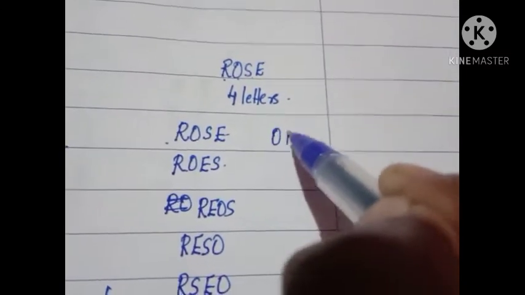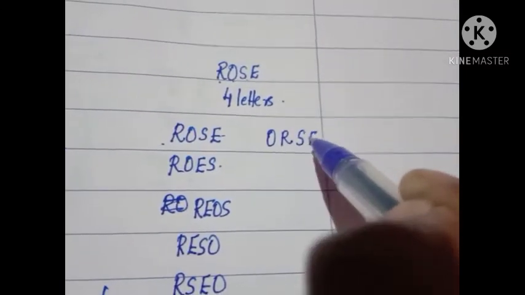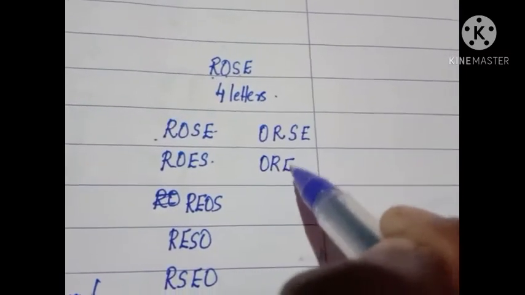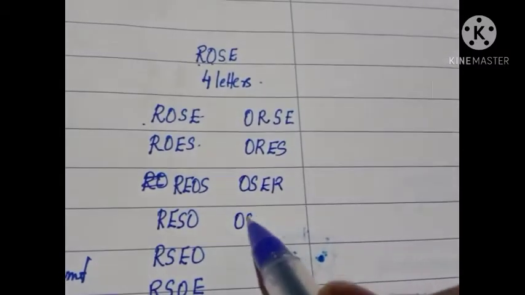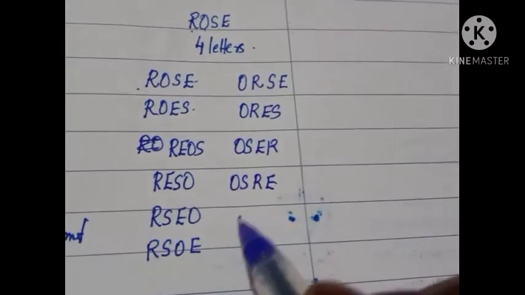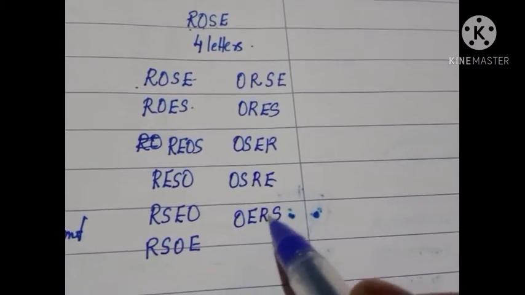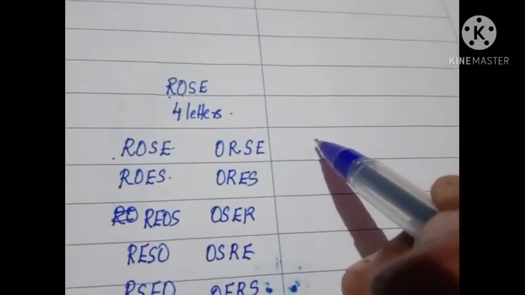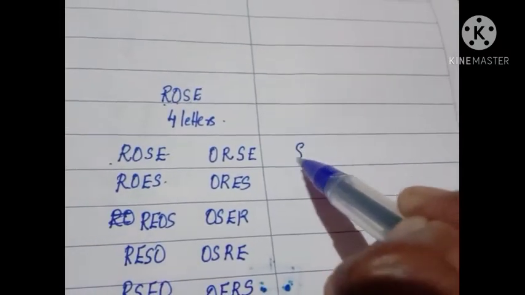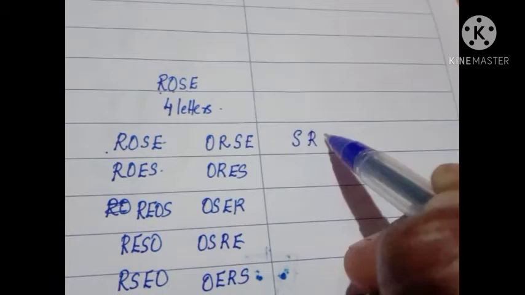Now ORSE. ORES. OSER. OSRE. OERS. OESR. Now another one, suppose starting with S.